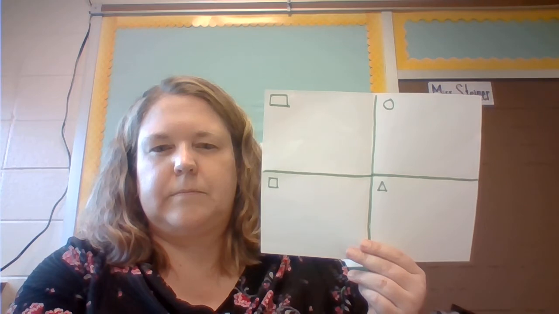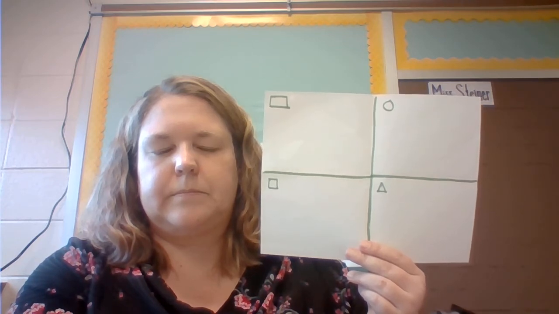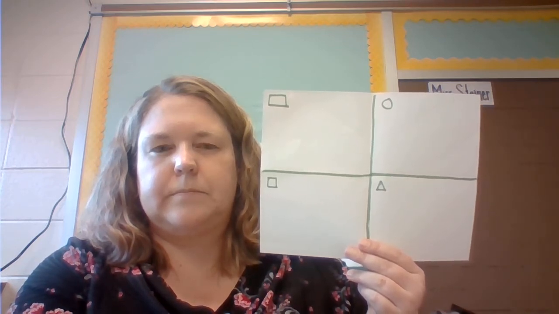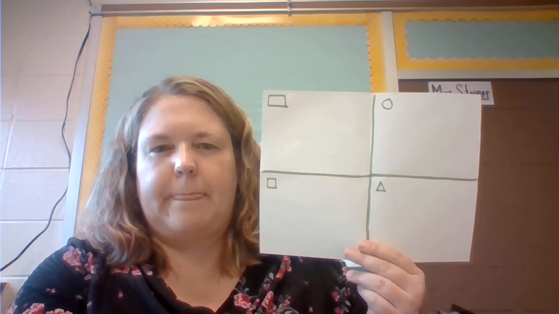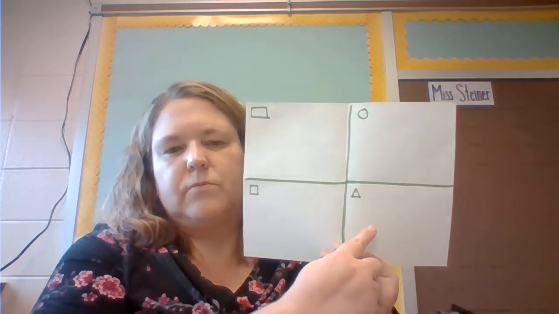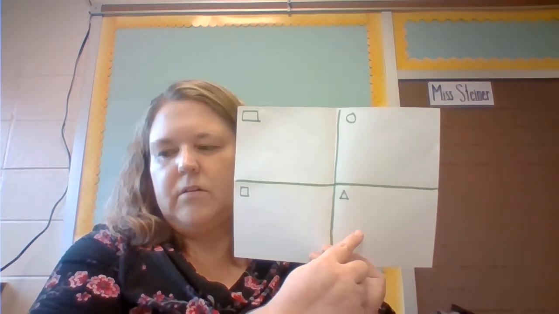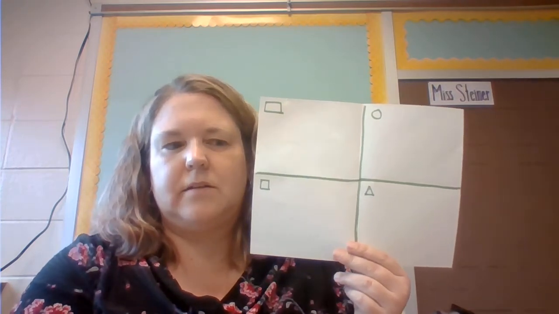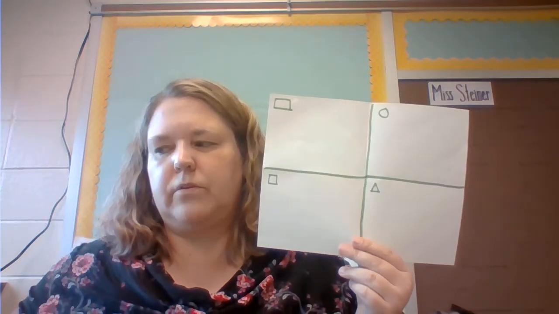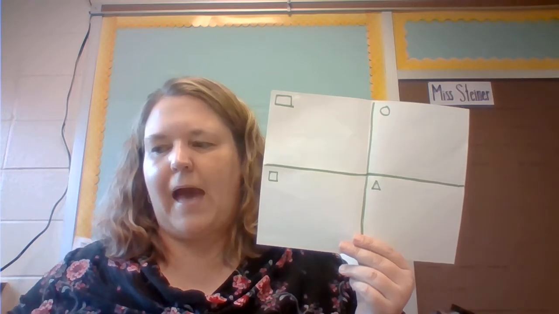Cat. So in the triangle, you should have hat and cat because both of those have the rhyme at.